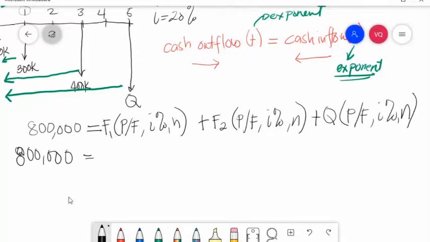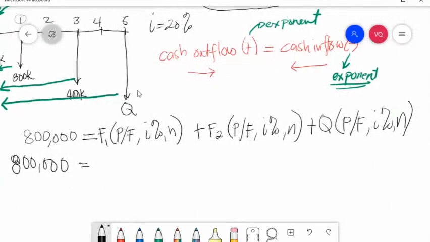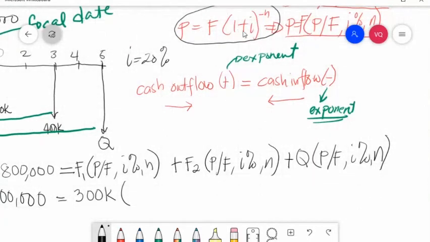F1 is 300K multiplied by the formula, 1 plus i raised to negative n. 1 plus, what is our i? 20%.